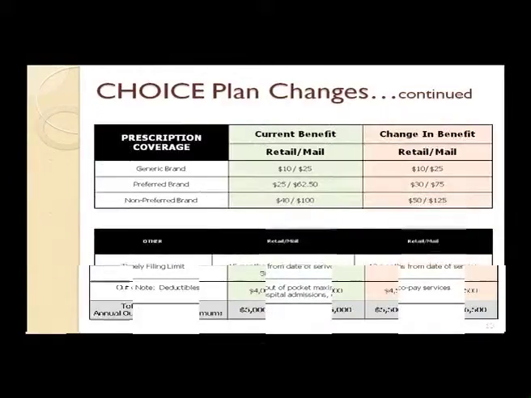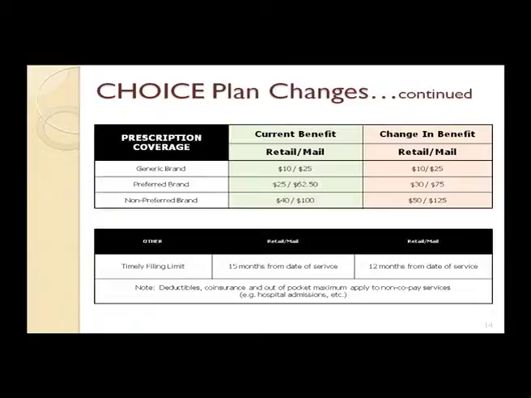Prescription copays remain the same for a generic $10, 2.5 times that for mail order, a 90-day supply. Preferred brand increased to $30 for a 30-day supply, $75 for a 90-day supply.